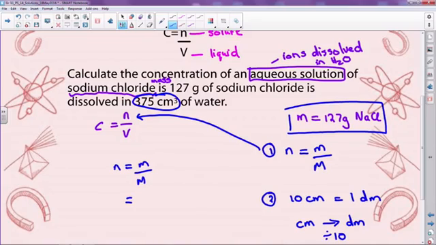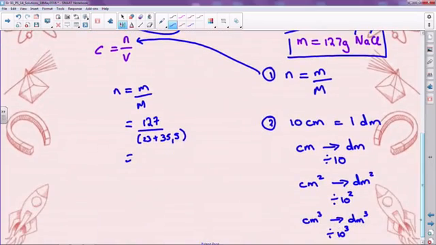I know that the molecular mass of sodium is 23, and the molecular mass of chlorine is 35.5. So I've got 127 grams, which needs to be divided by 23 plus 35.5. Now, as with everything, we will need to look at our calculator. Every calculation, we need to go to our calculator.